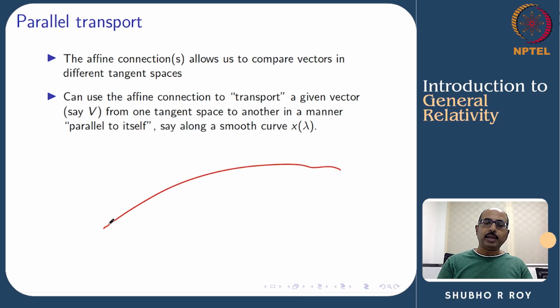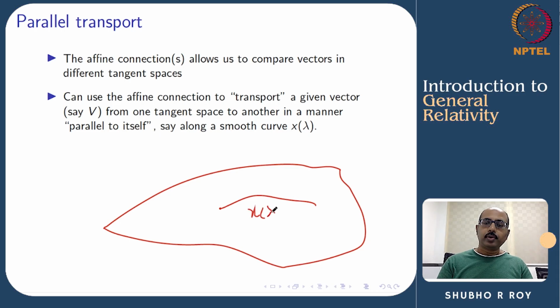So again, this is the manifold. This is the affinely connected space, and let's say we have some curve x of lambda on the manifold, and let's say at some point on the curve we have a vector living in the tangent space at this point, which we call the vector v.